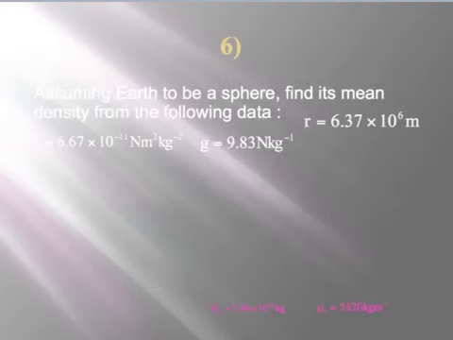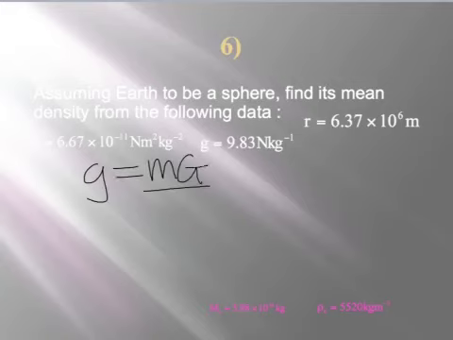Number 6, assuming Earth to be a sphere, find its mean density from the following data. So for this we're going to use a couple of equations we've already become familiar with. We need to find the mass of the Earth first. We're going to use this equation. Solve it for mass.